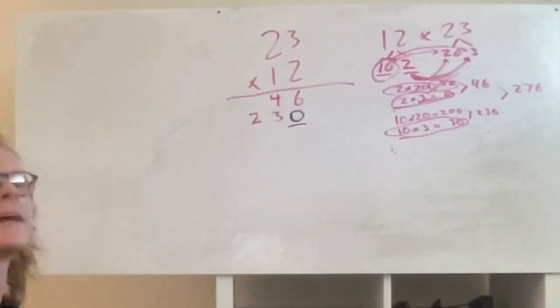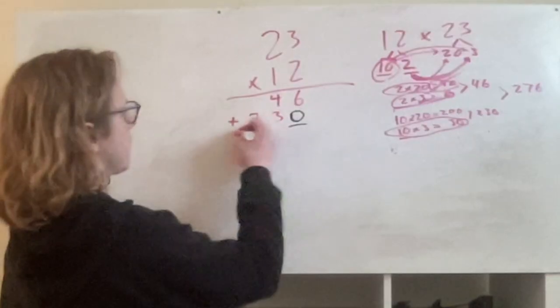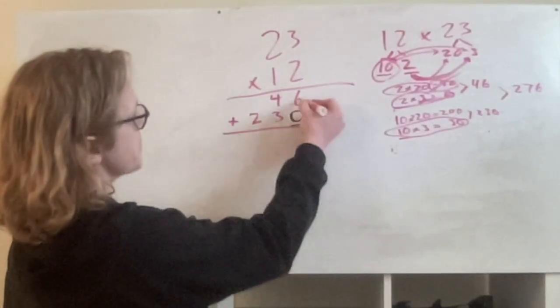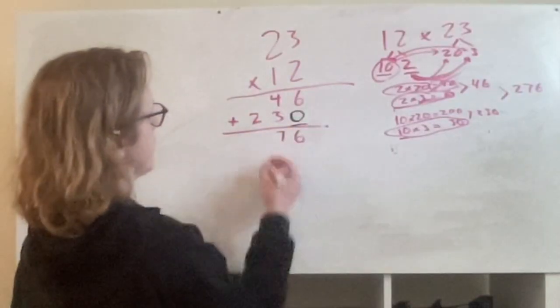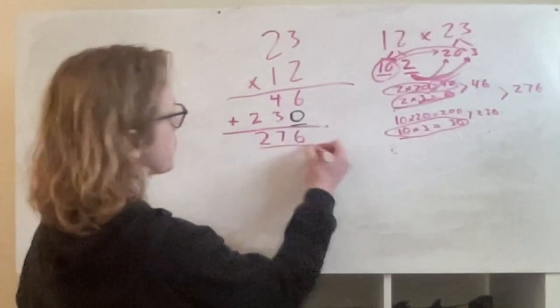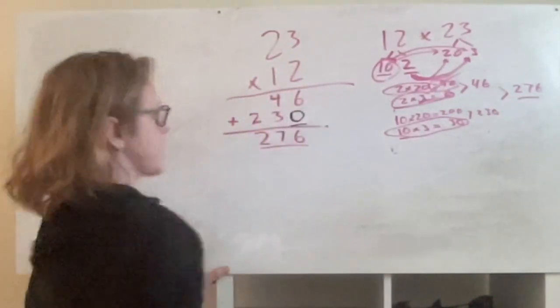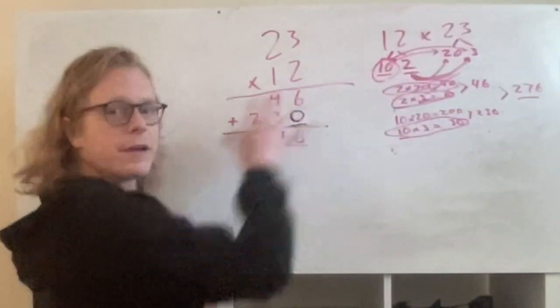I can just treat it like a 1. Okay, from here, 6 plus 0 is 6. 4 plus 3 is 7. And nothing plus 2 is 2. We get our answer of 276.